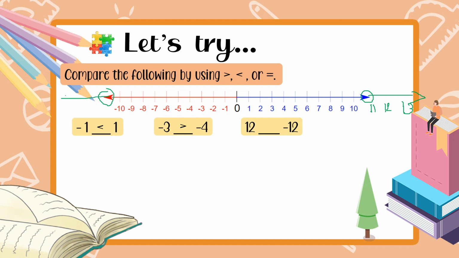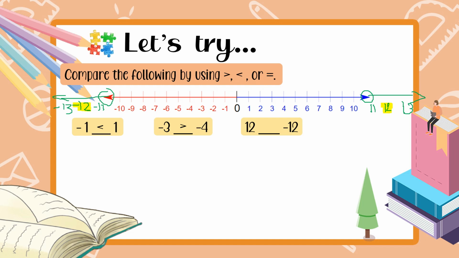So, pag in-extend po yan, we will have here negative 11, negative 12, negative 13, and so on. Okay? So, si negative 12, or si positive 12 rather, ay naandito sa side na to. Si negative 12 naman ay nandito.